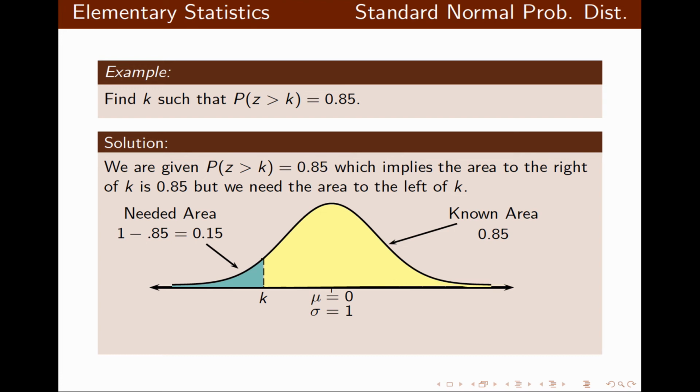So the known area is 0.85, which is the right area, and 1 minus 0.85 is 0.15, the left area, and that's the needed area. We need that if we want to use inverse norm. So k will be equal to inverse norm, 0.15, the left area, followed by mean 0 and a standard deviation 1. So the answer in this case is negative 1.036.